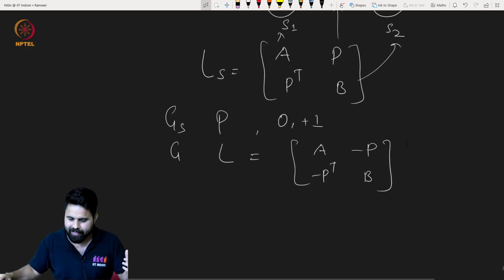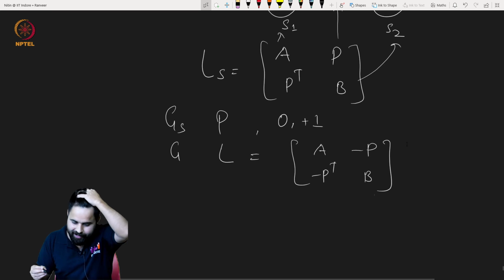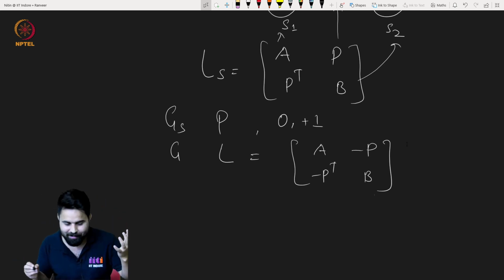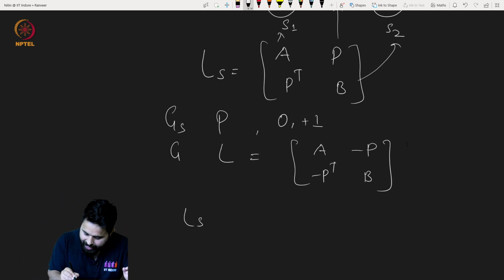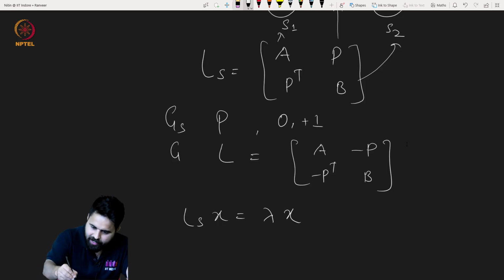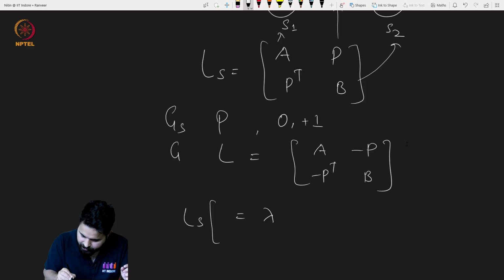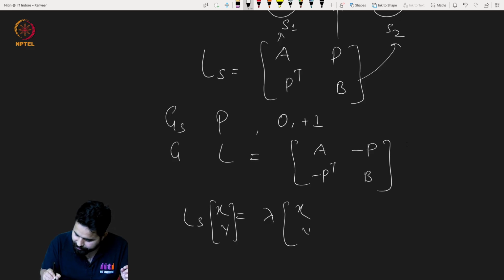Actually, we have already seen this when we were doing the spectral characterization in terms of the adjacency matrix. Suppose LS x is equal to lambda x. Let me write this x in partition form. Suppose x, y is the eigenvector corresponding to lambda.